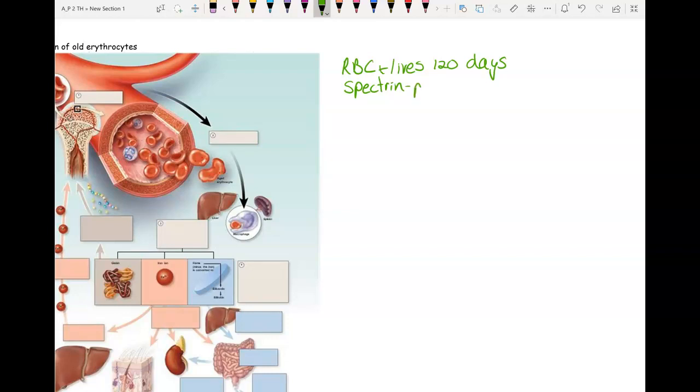Spectrin is the protein that gives the red blood cells their flexibility. Remember how they have to squeeze to fit through capillaries, and spectrin is that flexible protein framework that allows them to do this. Well, after about 120 days, the spectrin breaks down.